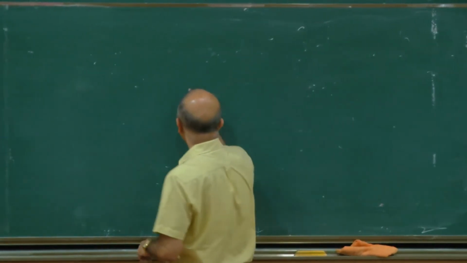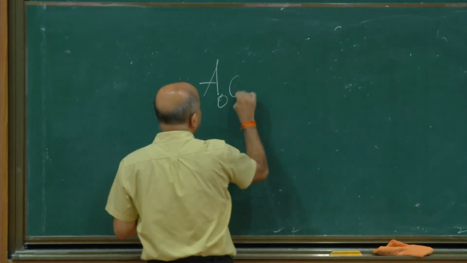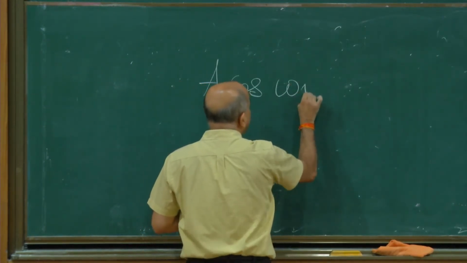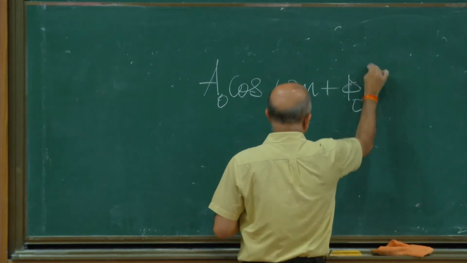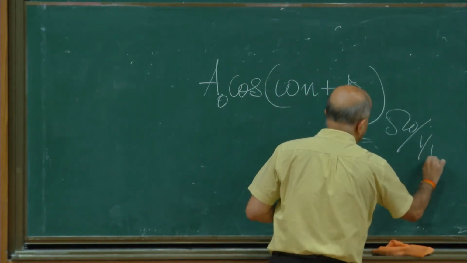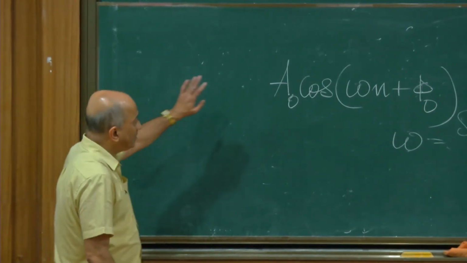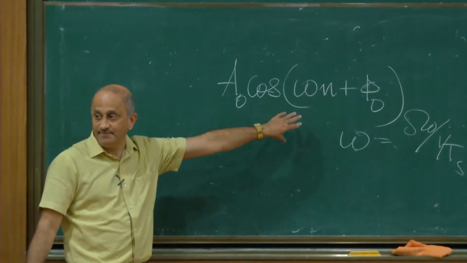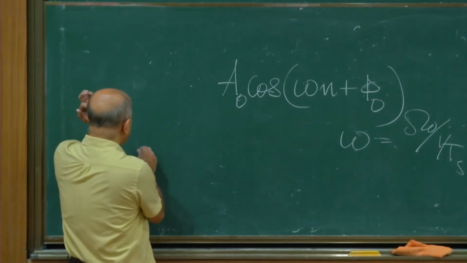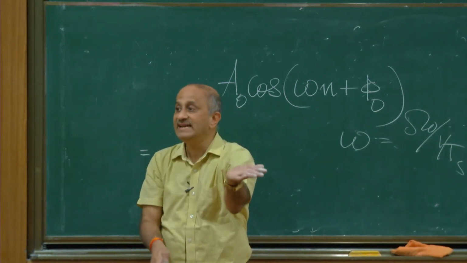You see, if you take a discrete sinusoid, you have A naught cos of small omega n plus phi naught, isn't it? Omega, as you remember, was capital omega by 1 by Ts, isn't it? So this is a discrete sinusoid. Now the discrete sinusoid can be written as a combination of two complex numbers rotating in opposite directions.